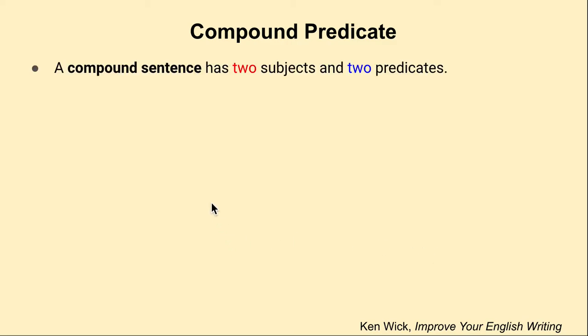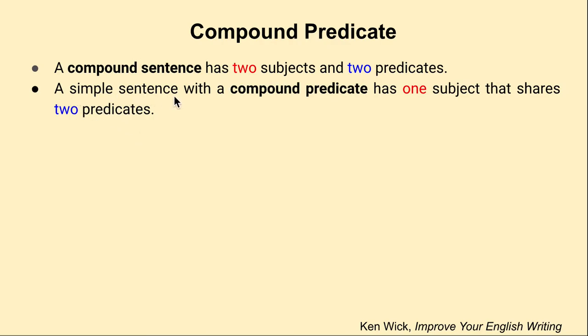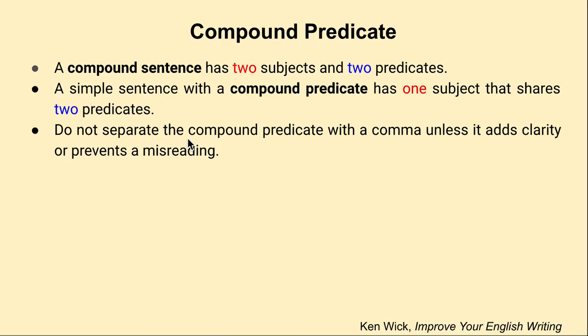A simple sentence with a compound predicate has one subject that shares two predicates. And you do not separate the compound predicate with a comma unless it adds clarity or prevents a misreading, which is usually not the case. My default option is do not.